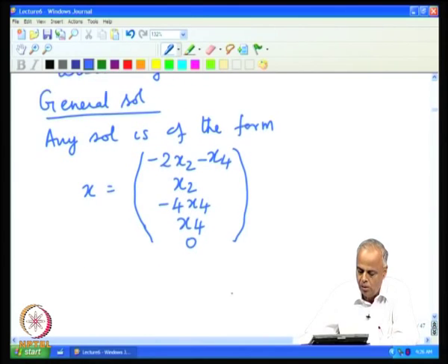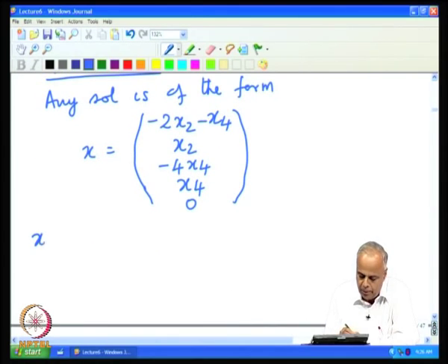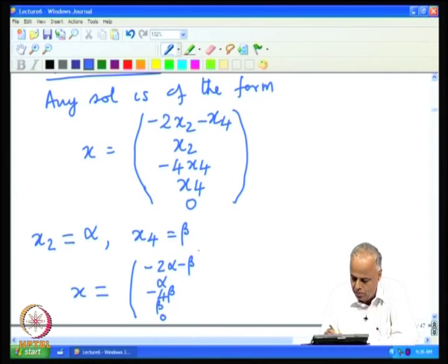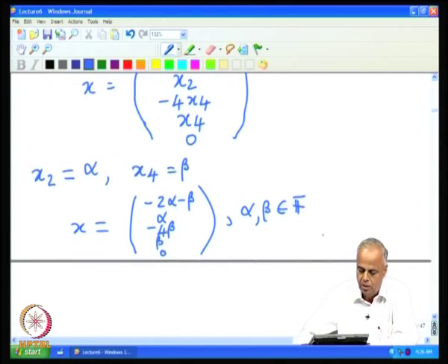So, we denote the two arbitrary non-pivotal variables, x 2 as alpha and x 4 as beta. Then x equal to minus 2 alpha minus beta, alpha, minus 4 beta, beta and 0, with alpha, beta chosen arbitrarily in F.